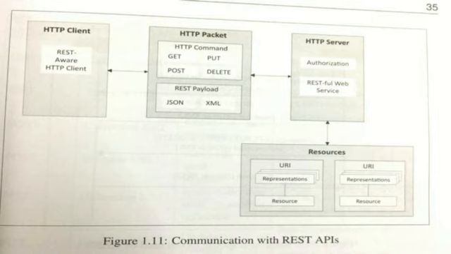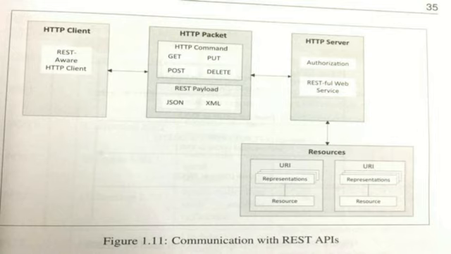Explaining the architecture of REST API. This is the diagram of REST API. You can see in the left topmost corner, here we have HTTP client and HTTP server. In between the HTTP server and HTTP client, we have HTTP packets, because from client to server there will be a message passed every time.